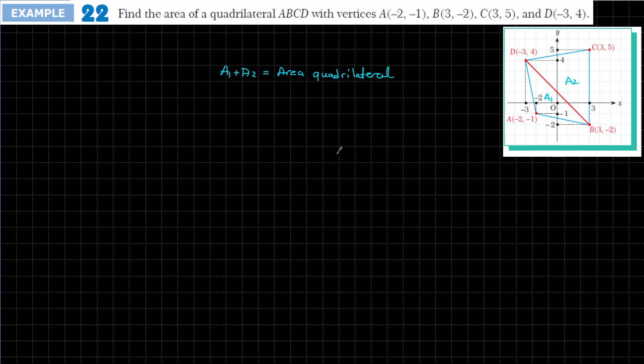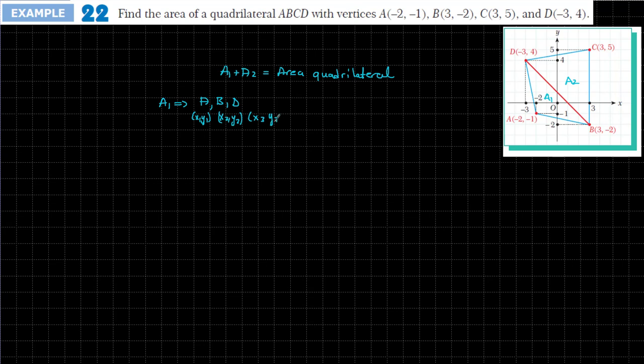Okay, so what is the thing that we are going to do firstly? We are going to name the vertices. The first one for the A1, the vertices are A, B, and D, which means that if this is x1 and y1, this is x2, y2, and this is x3, y3.